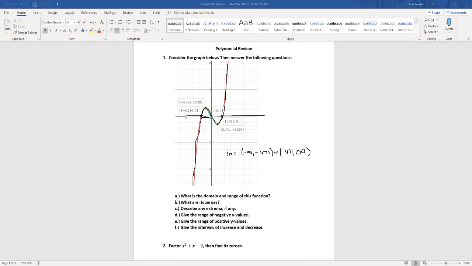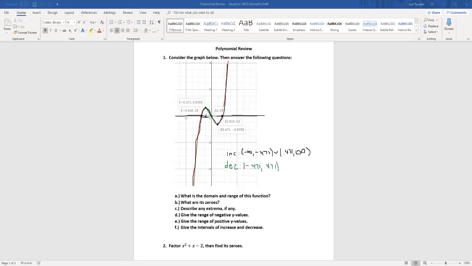So I'm going to claim that it's decreasing as x takes on the values from negative 0.471 to where x is positive 0.471. So those would be the intervals of increase and decrease.